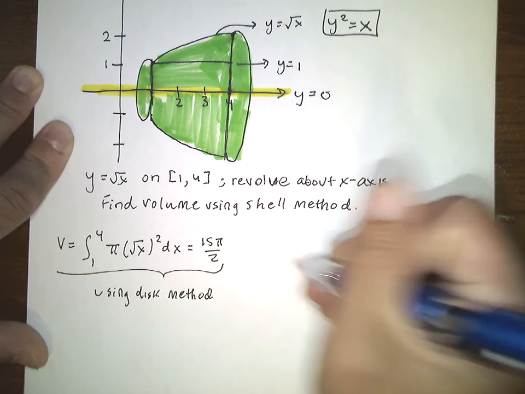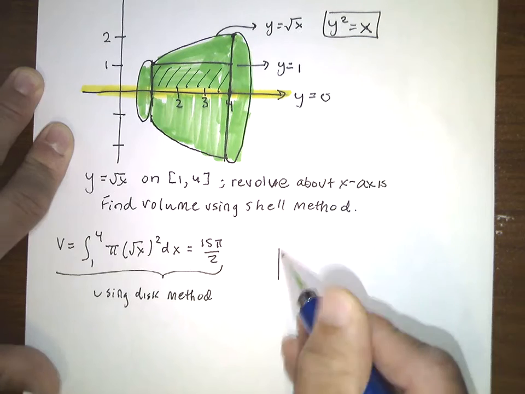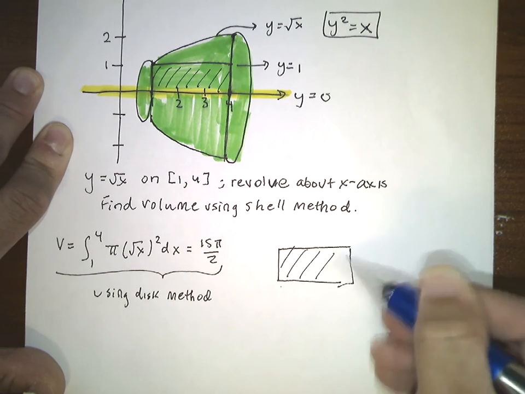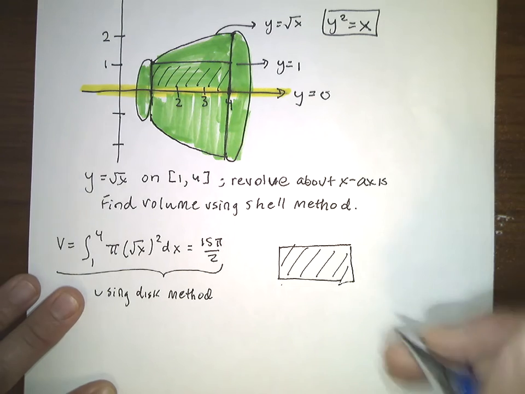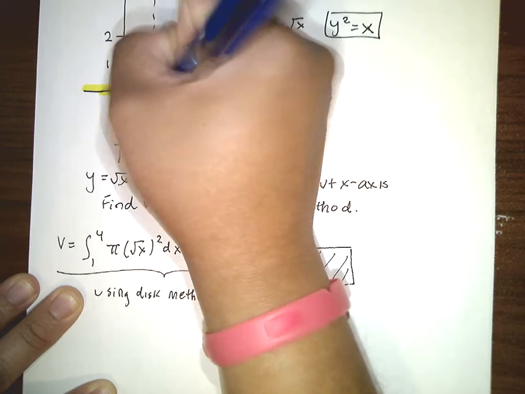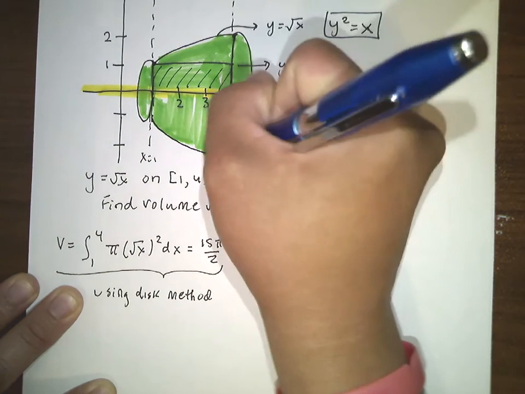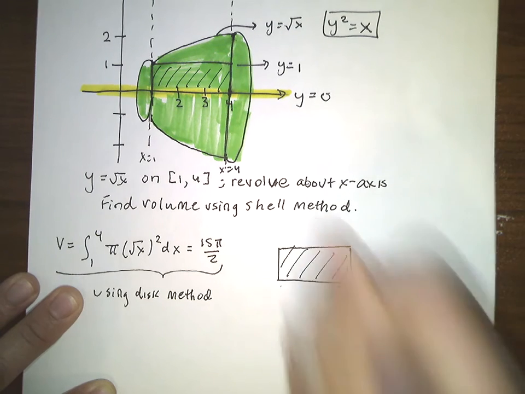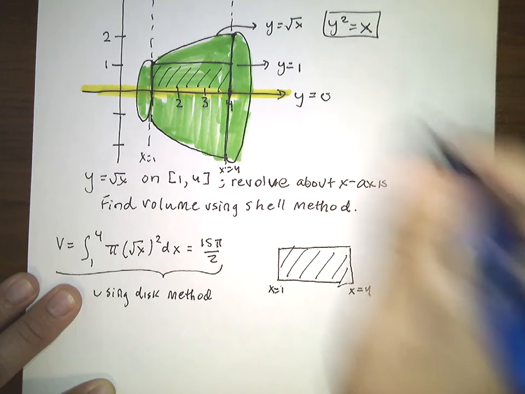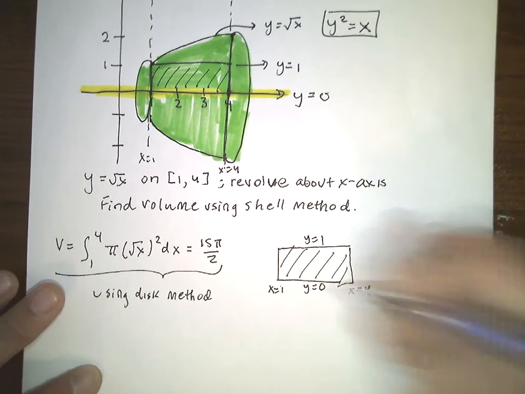I have the rectangle part right here, and this is bounded by x equals 1 and x equals 4, and on the top by y equals 1 and y equals 0.